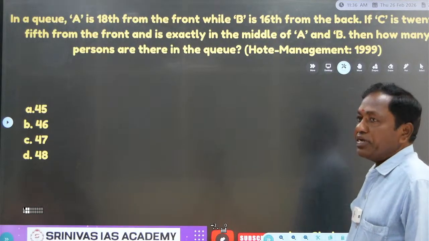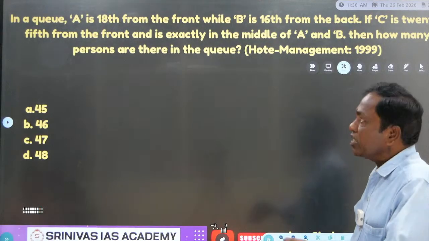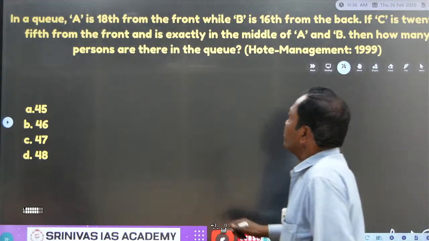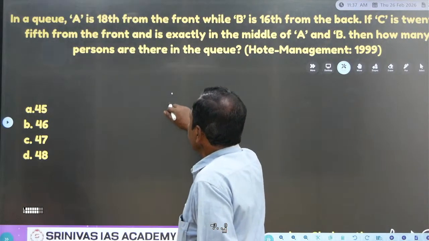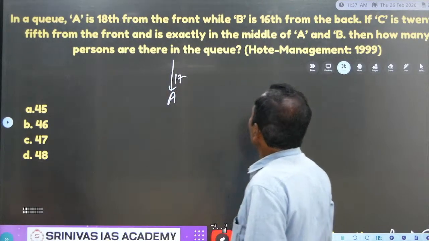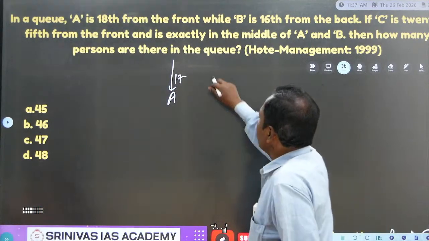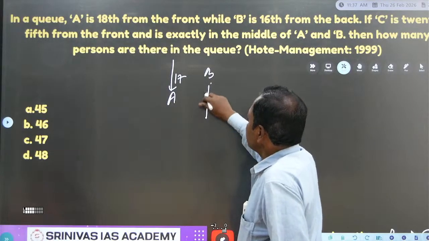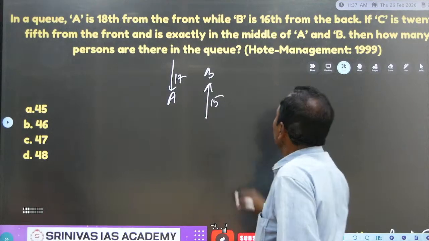In a queue, there is one single queue. A is 18th from the front, while B is 16th from the back.